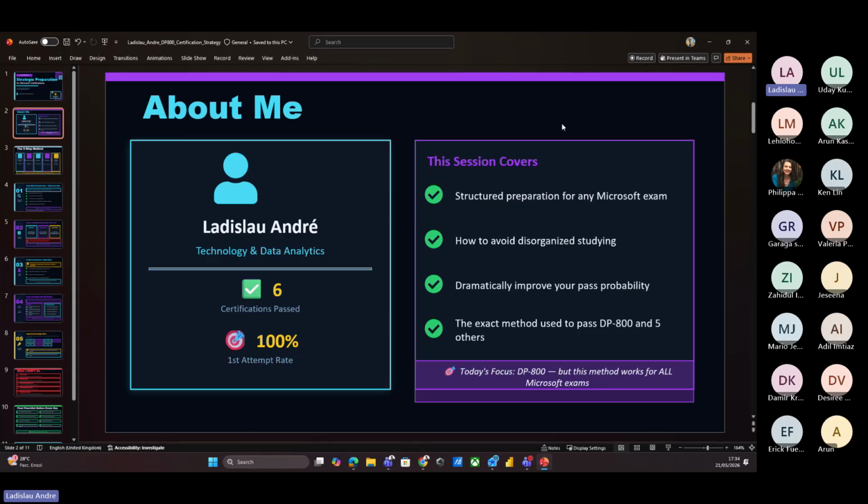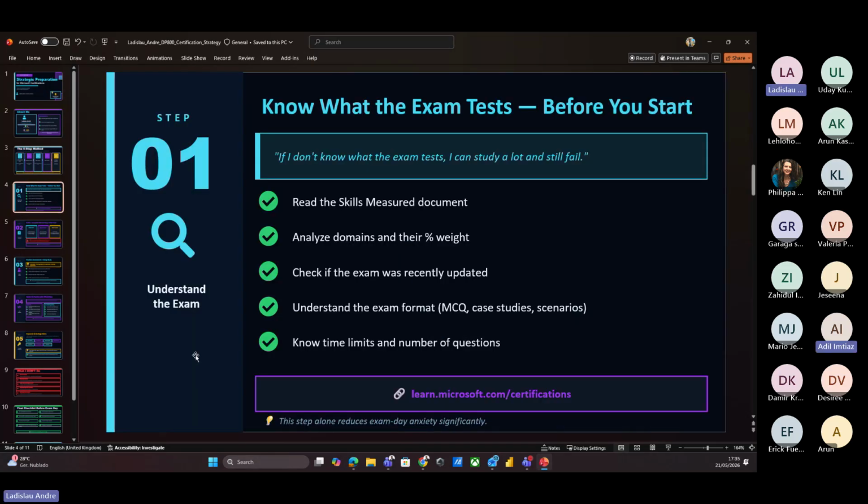This is the exact method I use to pass certifications, and I'll show some things in my browser, so we're not only doing theory but also showing how I do it in practice. First, we should know what the exam is like before we start.